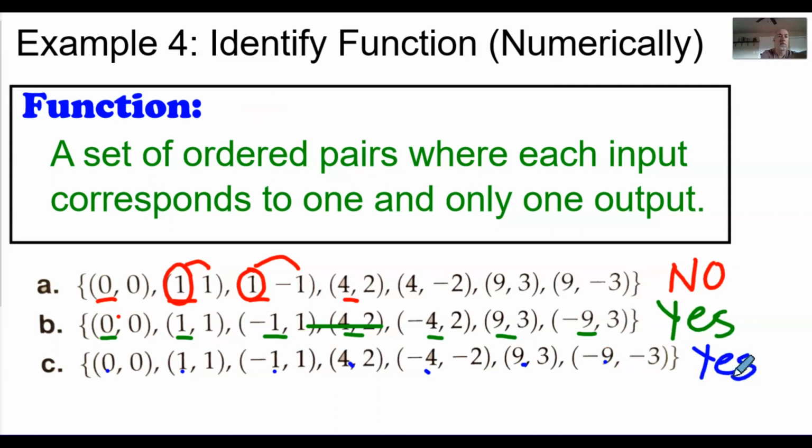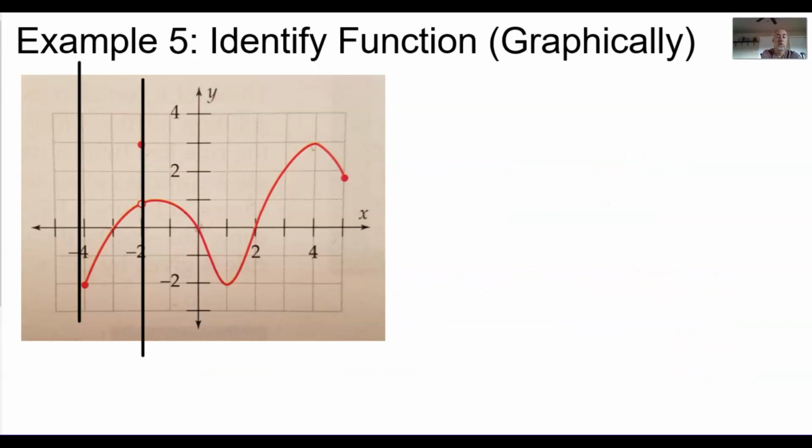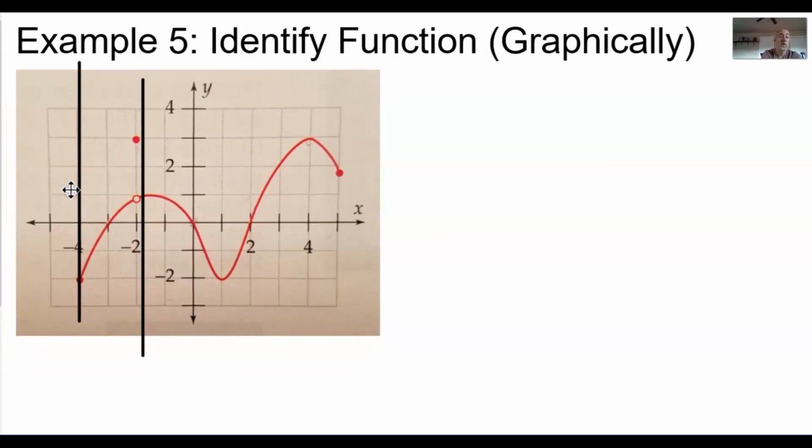Another way to think of that is graphically. To look at a graph and figure out if it's a function, you can use what's called the vertical line test. The vertical line test just means that you take a vertical line like this one and you move it across the graph. If the vertical line only crosses the red graph at one point at a time, then it's a function.